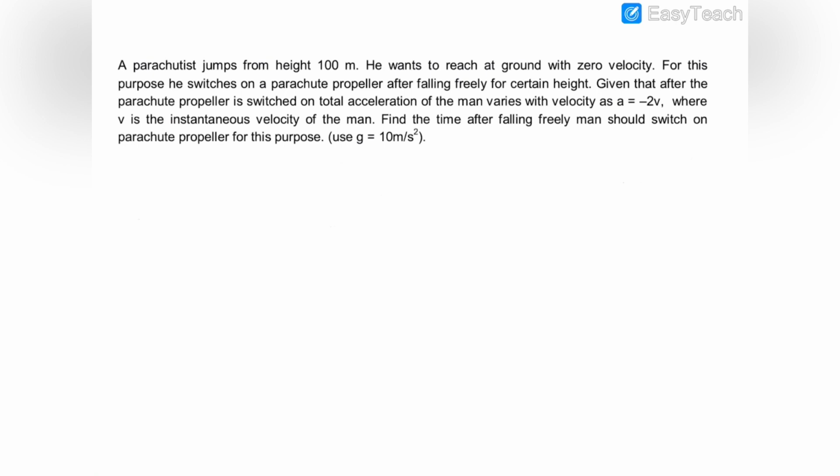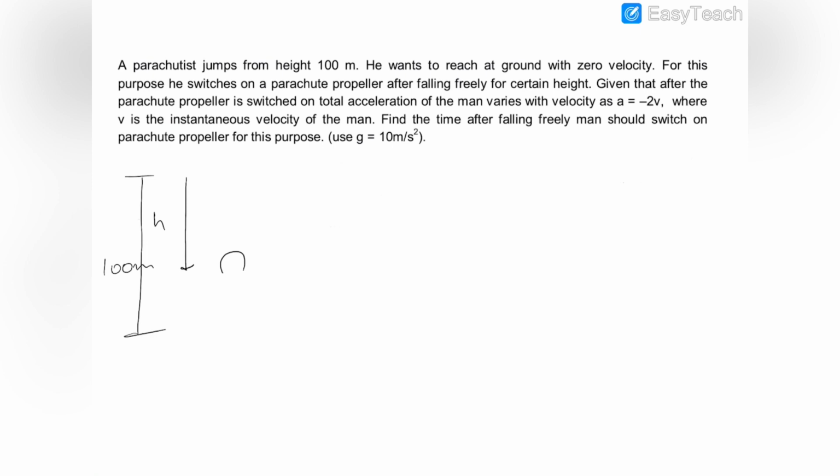Okay, so first of all, you can see that in this question there is a parachute jumper who jumps from a height of 100 meter, and after falling freely for some time, he opened the parachute.